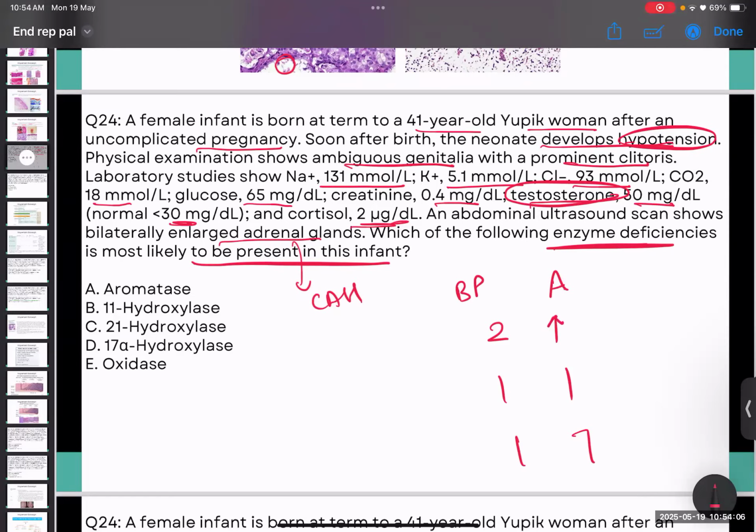In 11 hydroxylase, you have both high blood pressure and virilizing symptoms. In 17, you have only high blood pressure. And so that's how I would remember. So if a patient comes in with low blood pressure and virilizing symptoms, I would know that it's 21 alpha hydroxylase deficiency. If a patient is coming in with both high blood pressure and virilizing symptoms, then I do know this is 11.